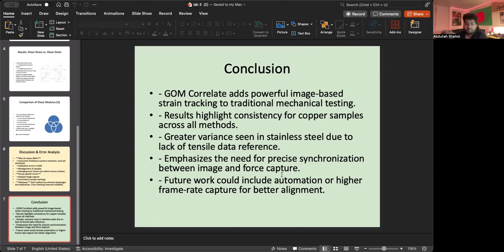This lab emphasized the importance of precise synchronization between image capture and force measurement, and it suggests that automation or higher frame rates could potentially improve accuracy. Overall, this experiment reinforced the value of using multiple measurement techniques to strengthen the reliability of the data.